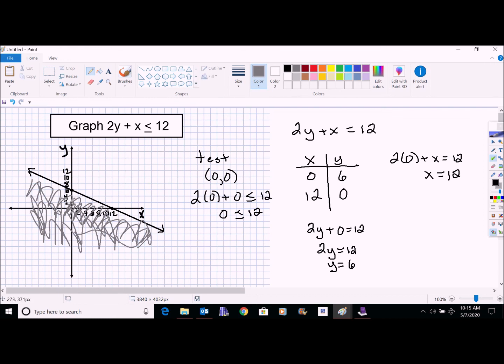For example, (-5, 0) is a solution. (0, -10) is a solution. (10, -2) is a solution. (4, 0) is a solution. All of those will make this true, and all of the numbers on this side will make it false. So the numbers over here are solutions. The numbers over here are not solutions in this case.